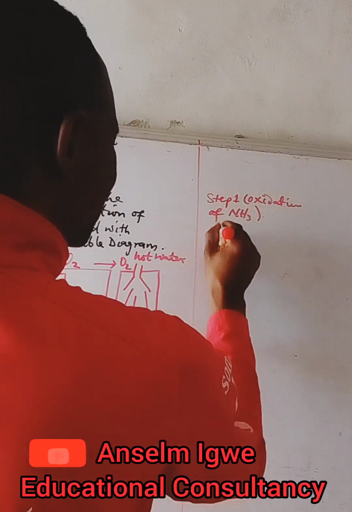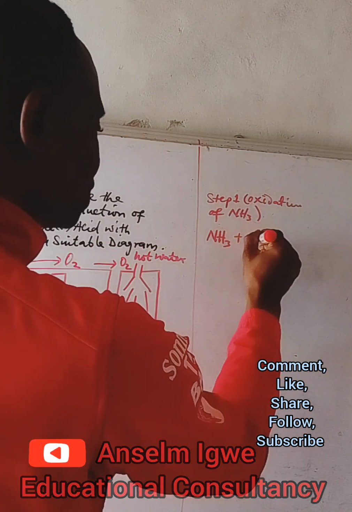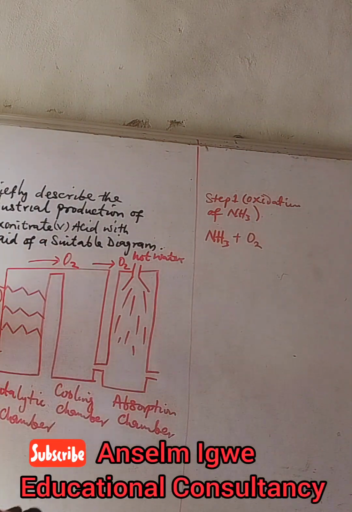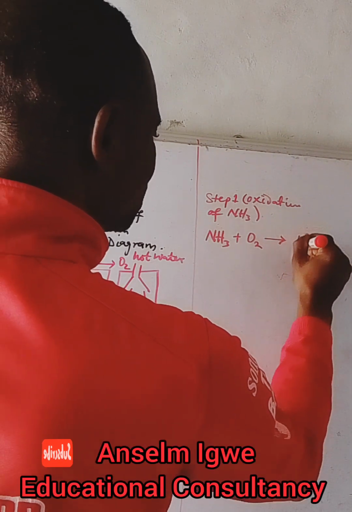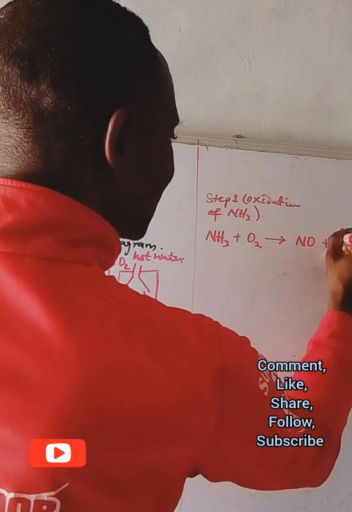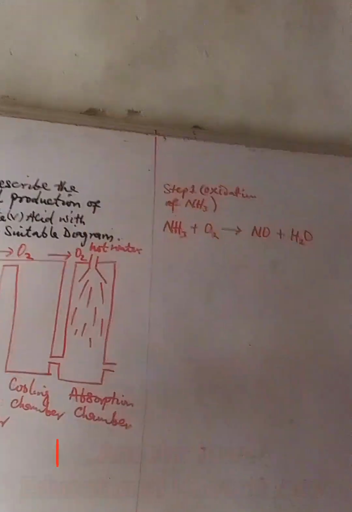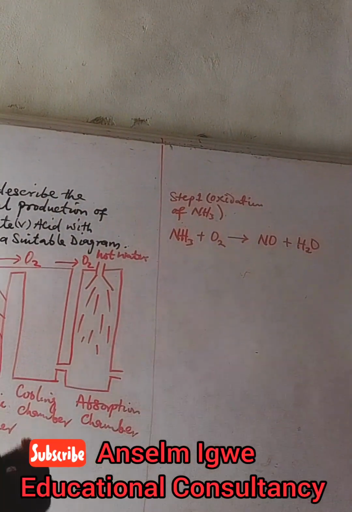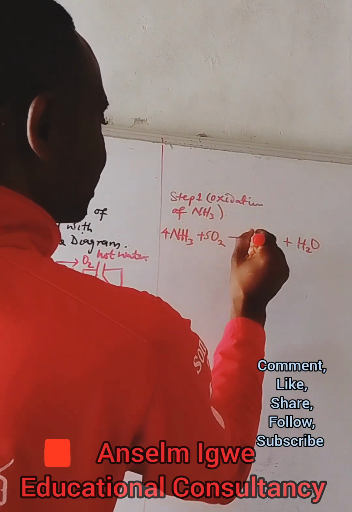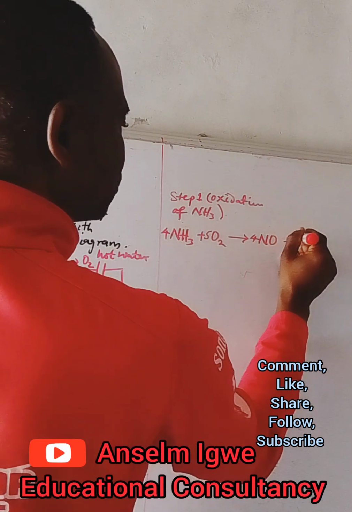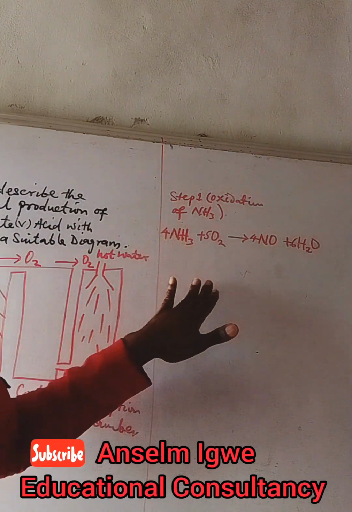So ammonia gas combines with oxygen in the catalytic chamber to form nitrogen 2 oxide gas and water. That is the reaction in the catalytic chamber. Here is 4, here is 5, here is 4, and we have 6 here, balanced. So that is the first reaction that takes place in the catalytic chamber.